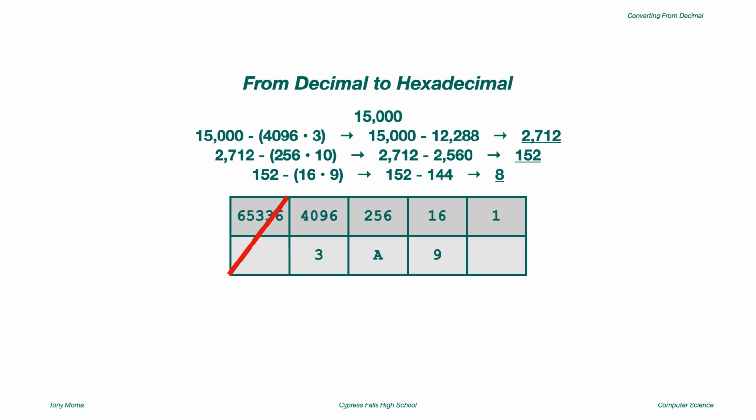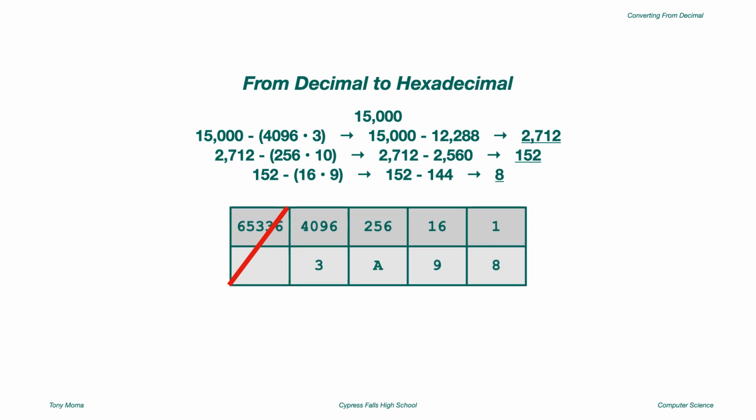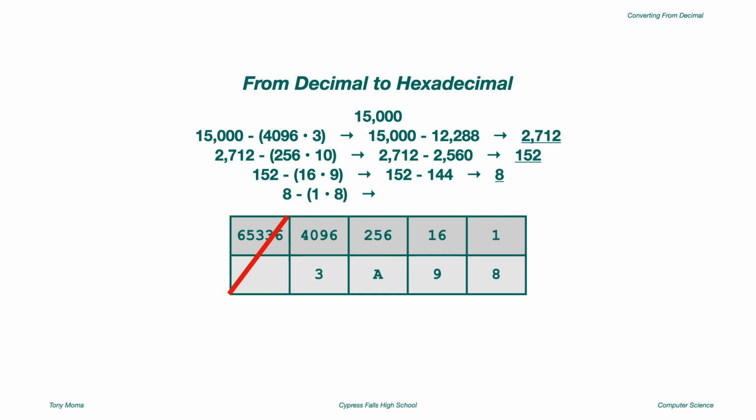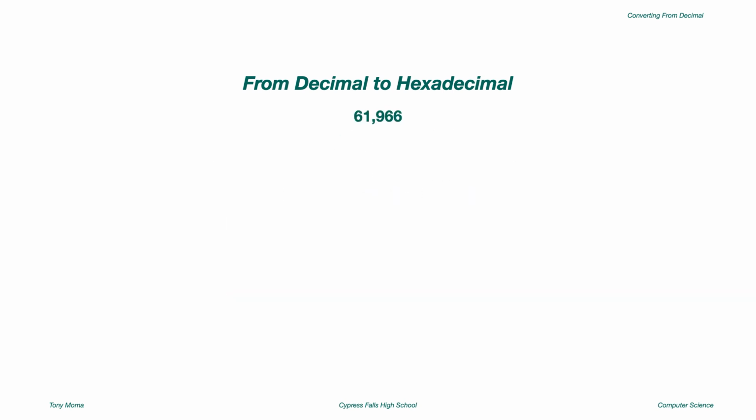How many times can 1 fit into 8? 8 times. Multiply the top row by the bottom row. 8 times 1 equals 8. Subtract it from 8 and we're left with a 0, thus completing all of our steps. Hence, 15,000 converted to hexadecimal is 3A98.